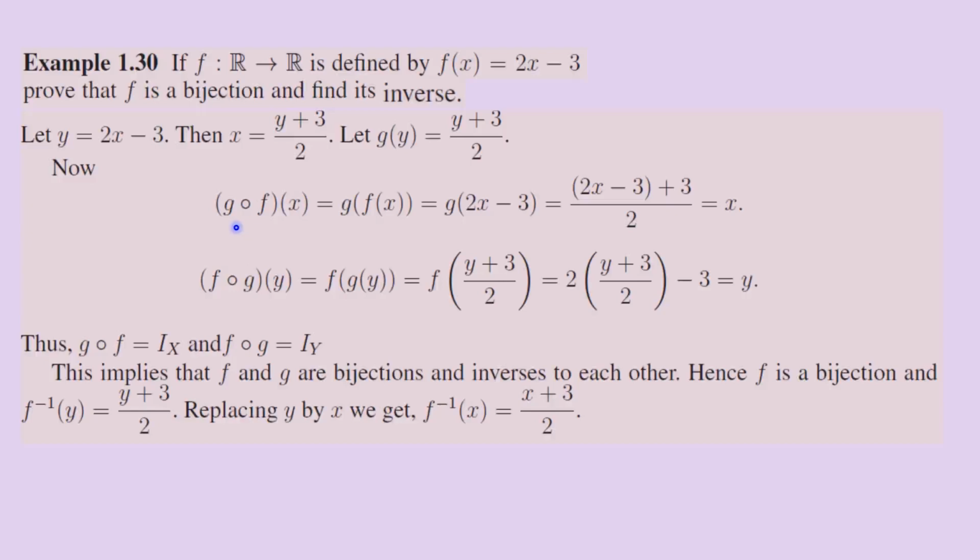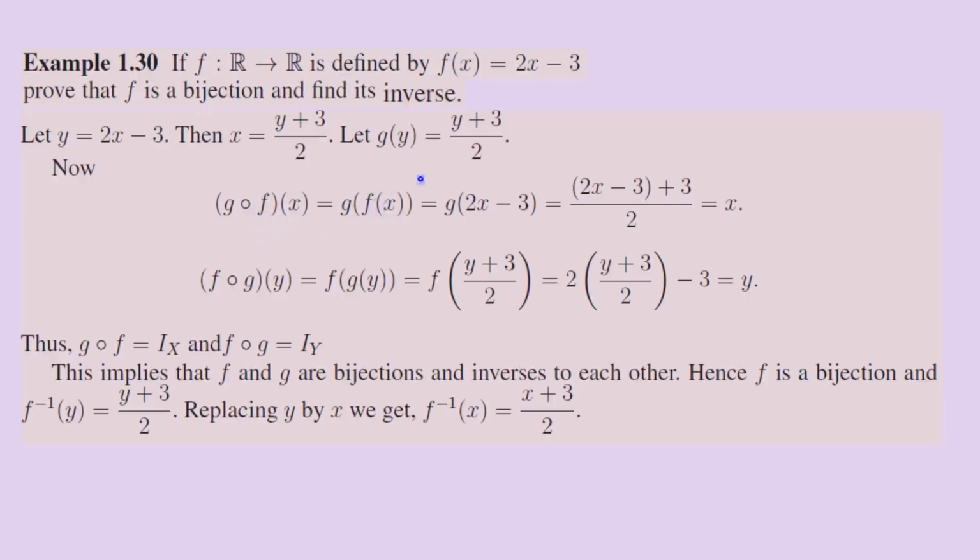it is invertible. That is, f composite g and g composite f are equal to the identities. Let us see this. G composite f of x, removing the composite sign, is g of f of x.